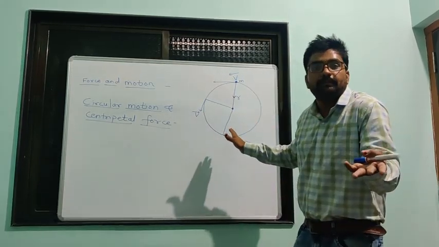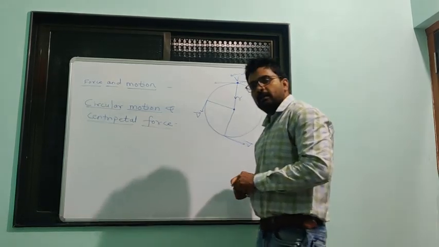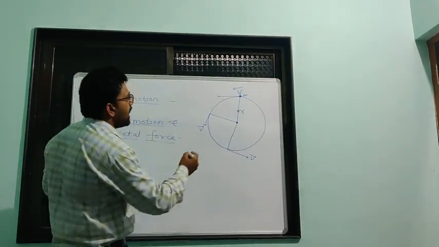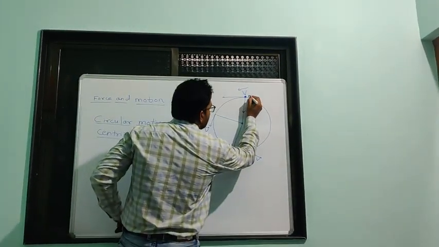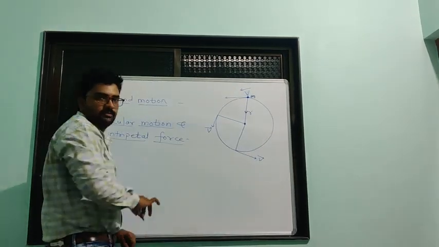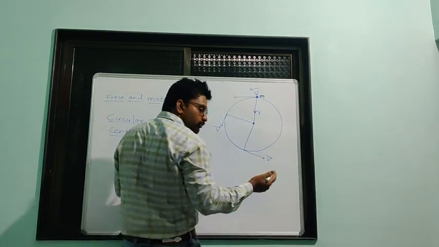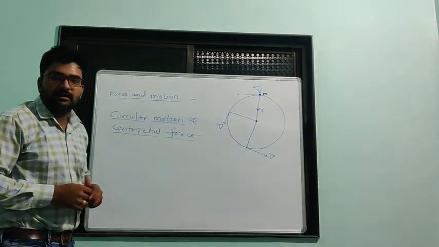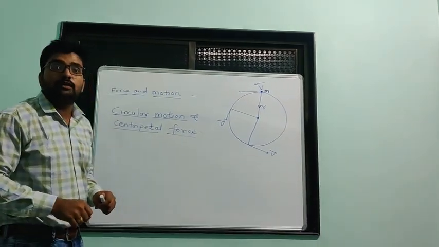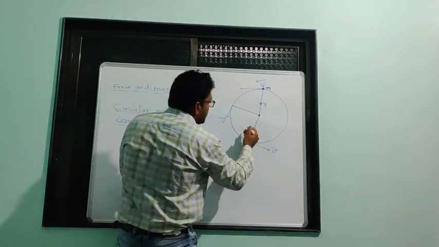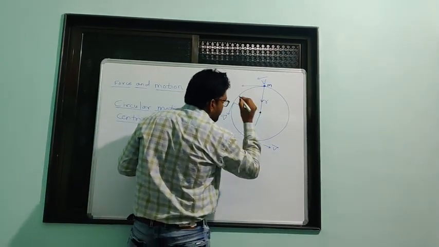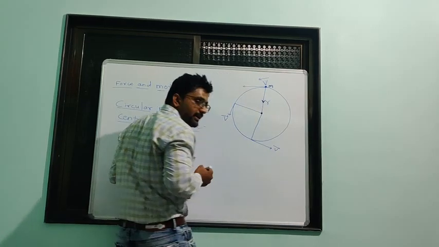Now here, suppose m is the mass of an object which is in circular motion. It has a velocity, no doubt about that, which is why it is in motion. And one force binds that object toward the center, that is your centripetal force.